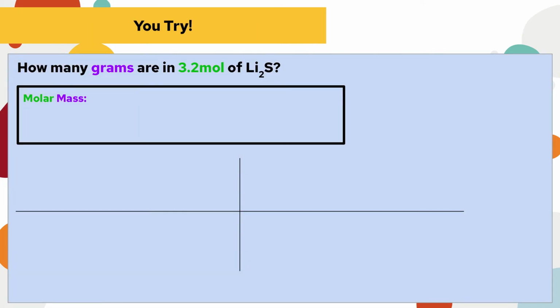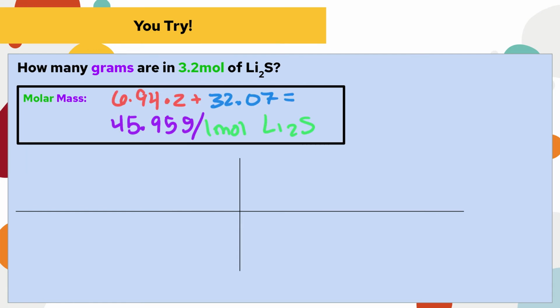You try. How many grams are in 3.2 moles of lithium sulfide? So first we have to calculate the molar mass of lithium sulfide. So the molar mass of lithium sulfide is 45.95 grams per 1 mole. The next step is we need to write down what we started with.